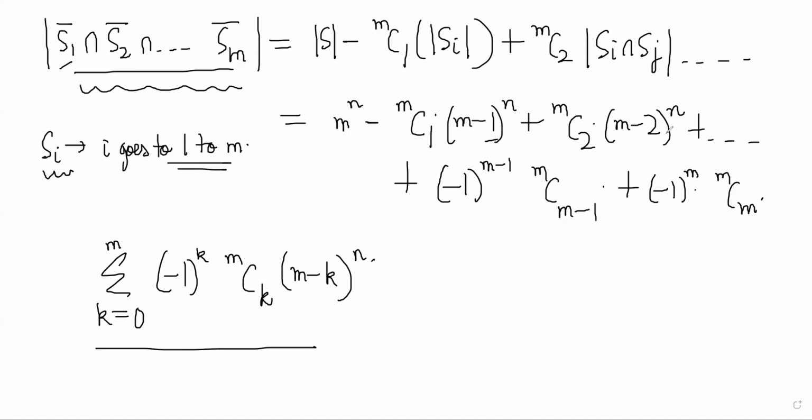Notice that the next time we'll have m minus 3 and so on. So this is the total number of surjections possible or onto functions possible from the two sets. And that's the direct application of your inclusion and exclusion principle, right?